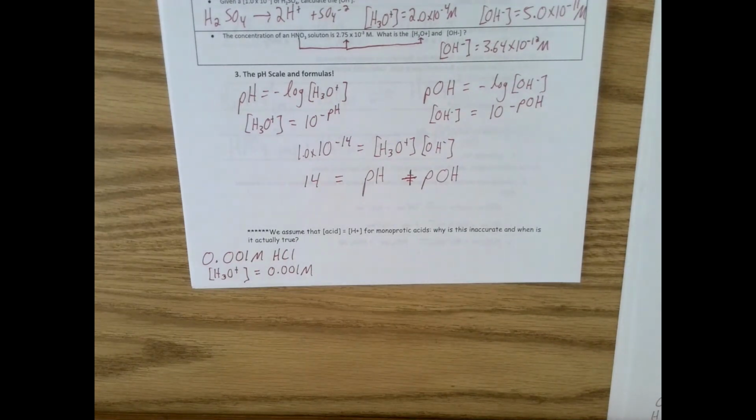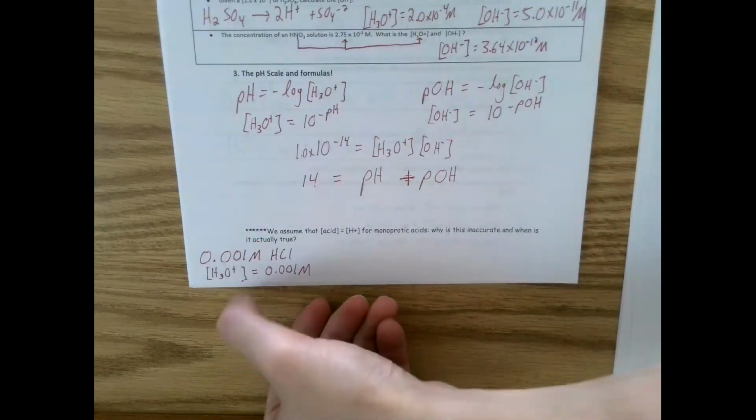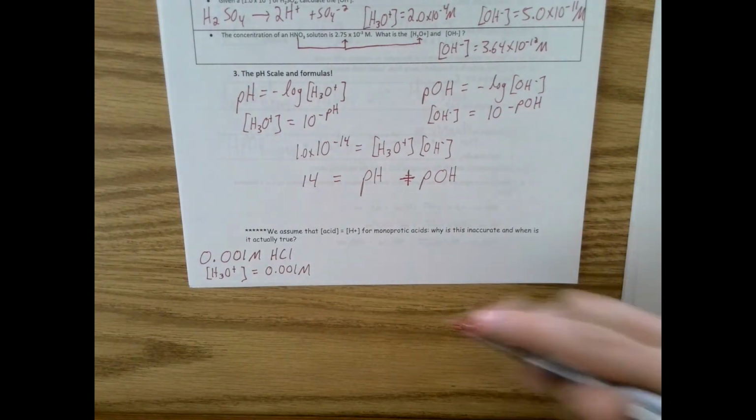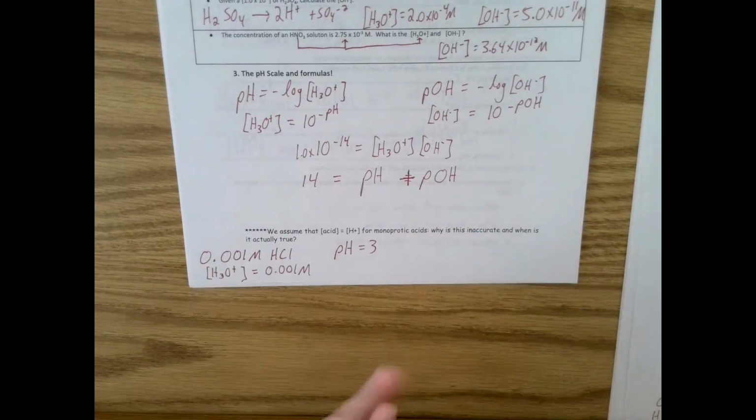Then, can I calculate the pH of this solution using this formula? Yeah, so what's the negative log base 10 of 0.001? You don't need a calculator. Maybe you do now. It's 3.